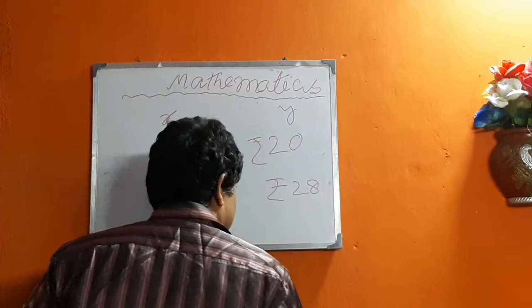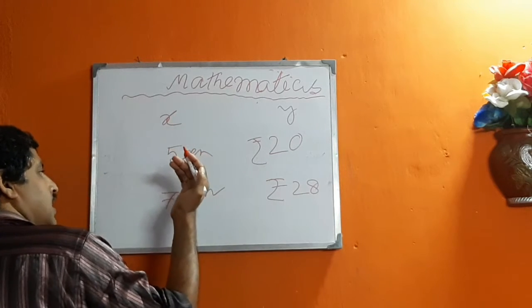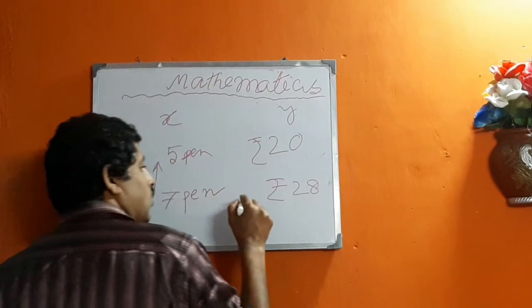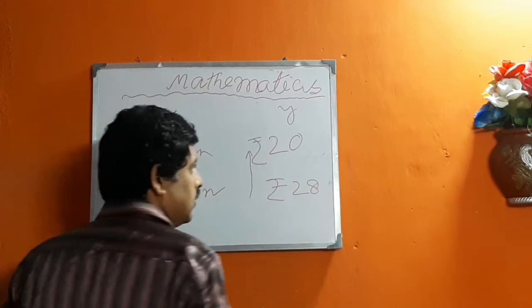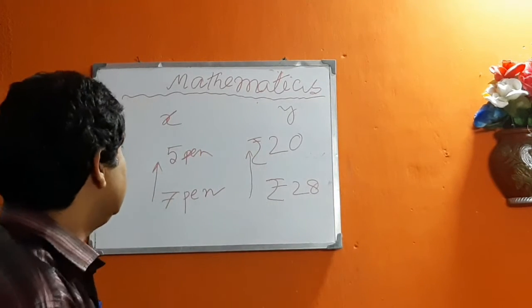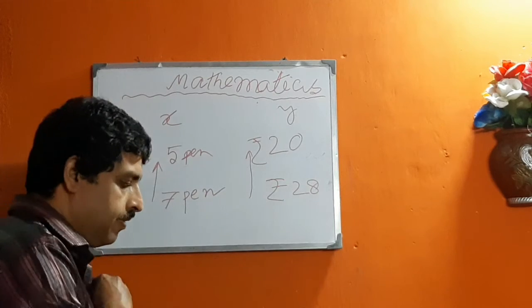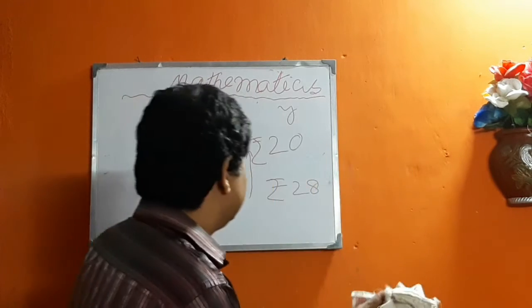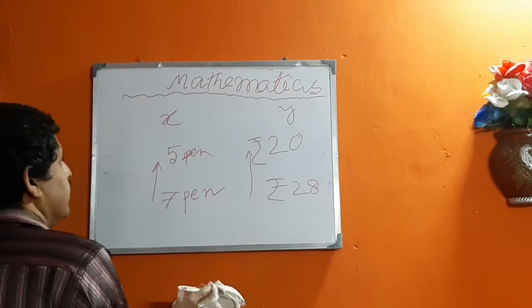And if you consider the opposite direction, that is, if the number of pens decreases, the total cost also decreases. So this is a good example of direct variation.